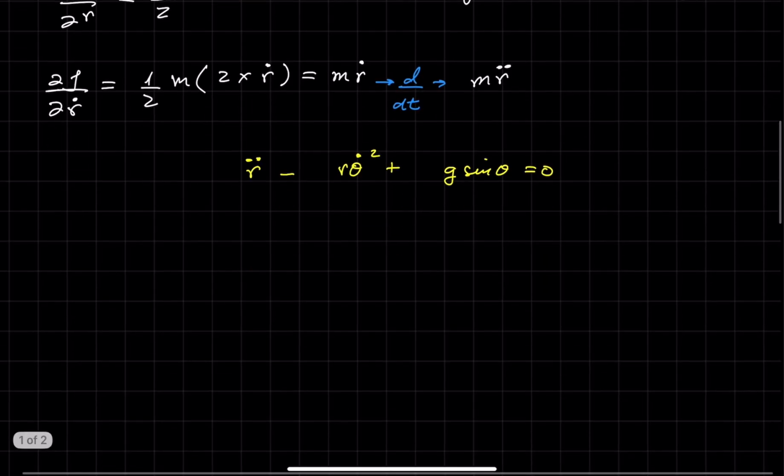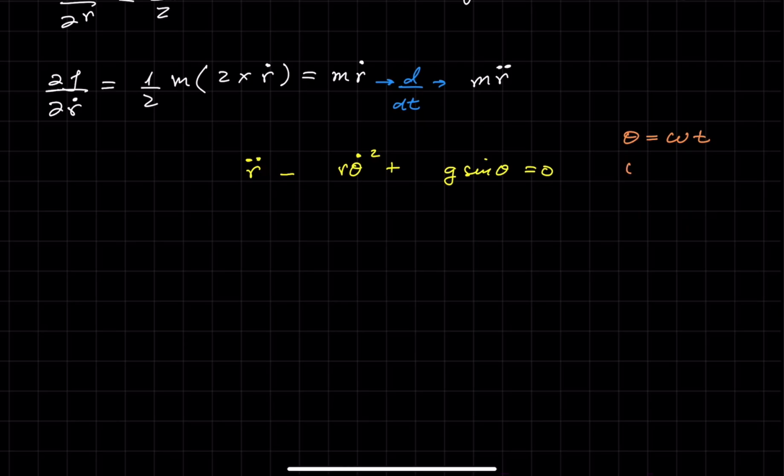But we want to know the critical angular velocity. How can I do that? Well, first I want to show you that theta dot is omega, the angular velocity with respect to time, right? And using this, we can express this expression also like this.